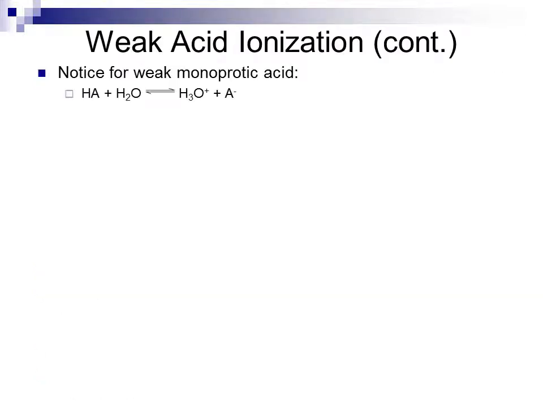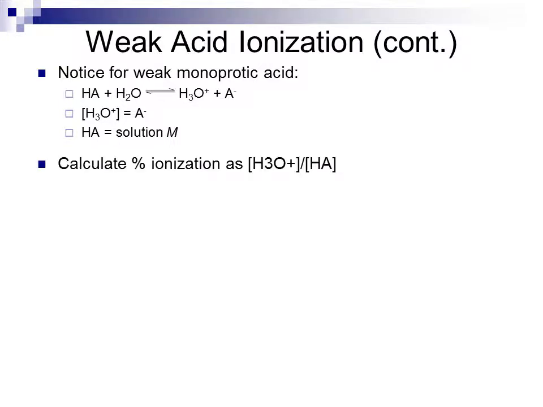Notice that for weak monoprotic acids, such as generically HA going to H3O plus and A minus, the concentration of H3O plus will equal the concentration of A minus. HA will equal the solution molarity.